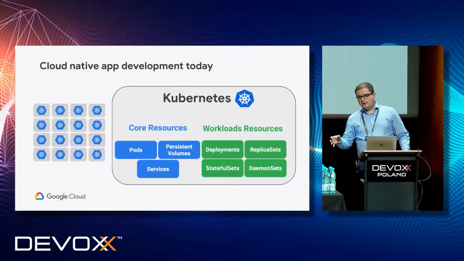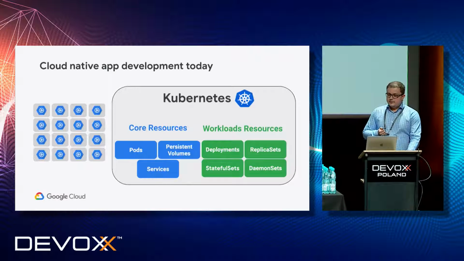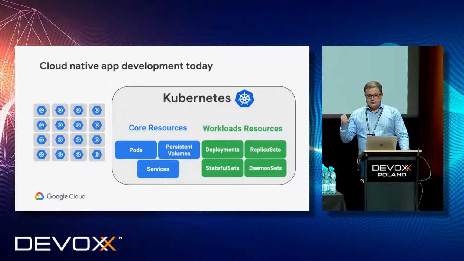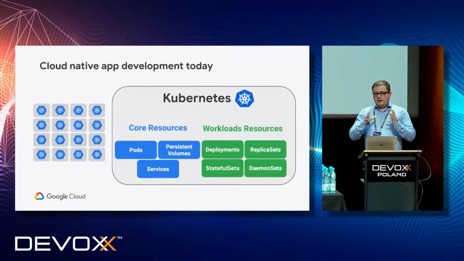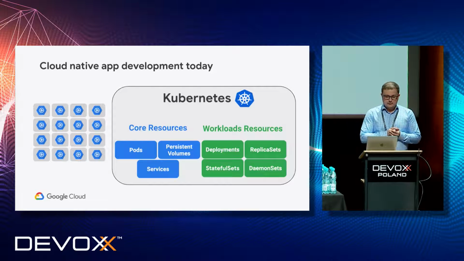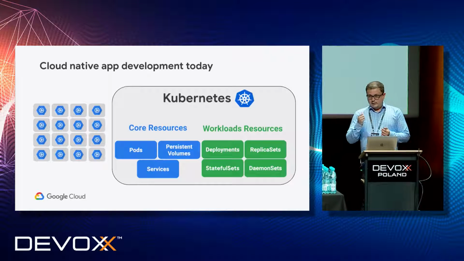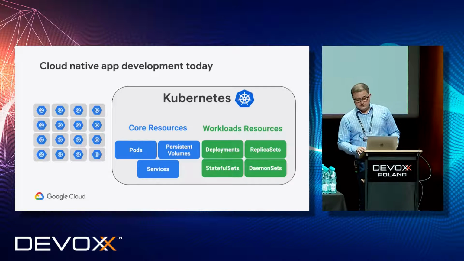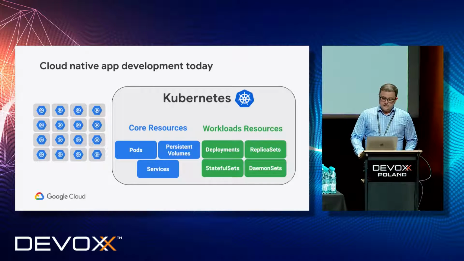We started grouping them, and we moved to defining core resources of Kubernetes, like pods, like persistent volumes, like services, and we also continued to build around them. So this is how deployments were created at first, replica sets, and further stateful sets for running stateful workloads, and daemon sets for running applications in multiple instances, one on each node.